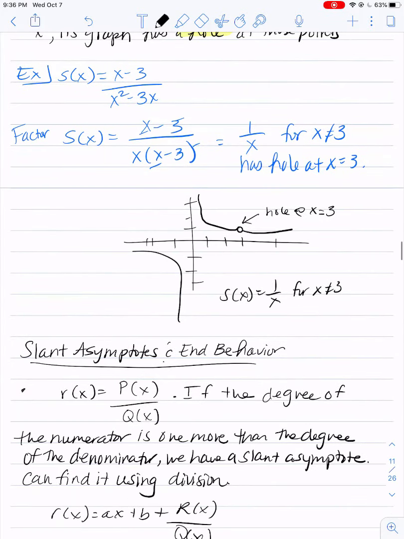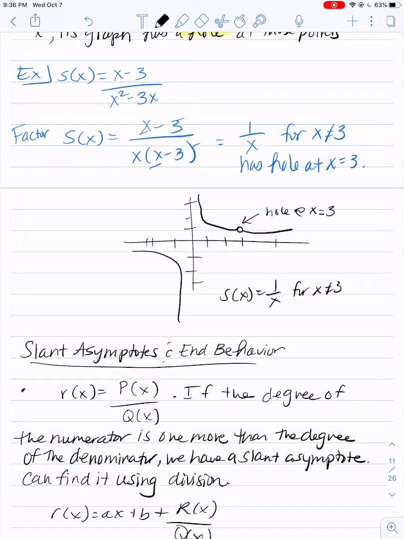But here's an example: (x - 3) over (x² - 3x). I could factor the bottom by factoring out an x. So I have the common factor of x - 3 on the numerator and the denominator. I could cancel those and I'm left with 1 over x.